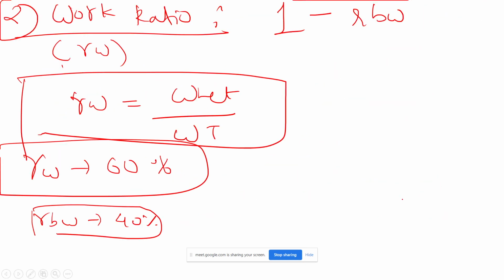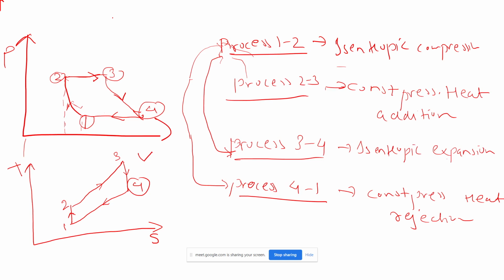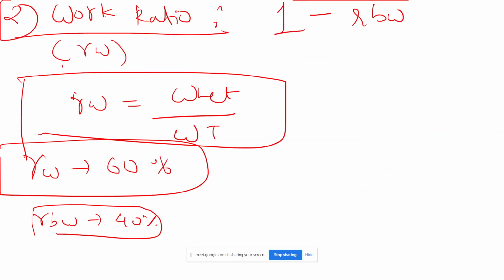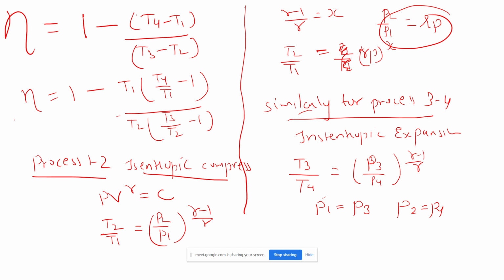From here you can see that pressure is the same for P2 and P3, and for P1 and P4 it is the same, because they are constant pressure processes. Wait, I think I have written something wrong here.